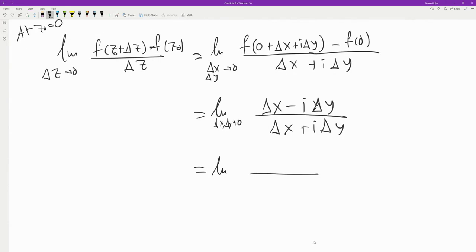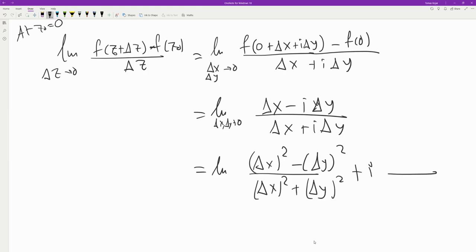So we have delta x squared, delta y squared, minus 2 delta x delta y. So this is by complex conjugation.